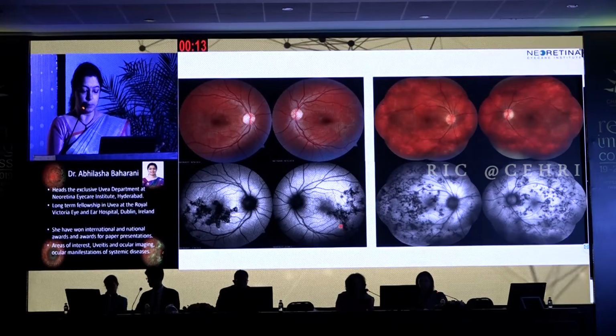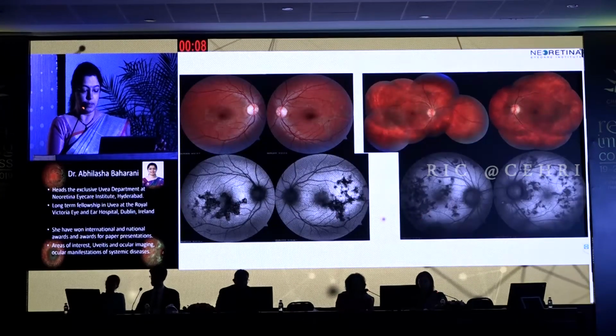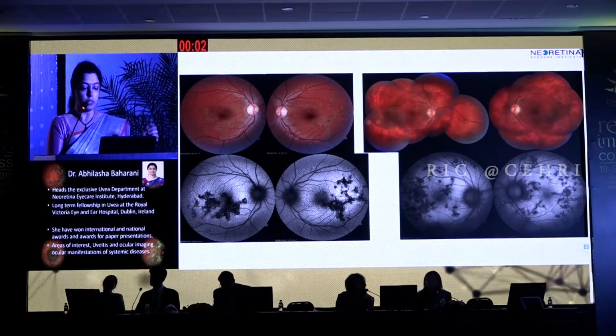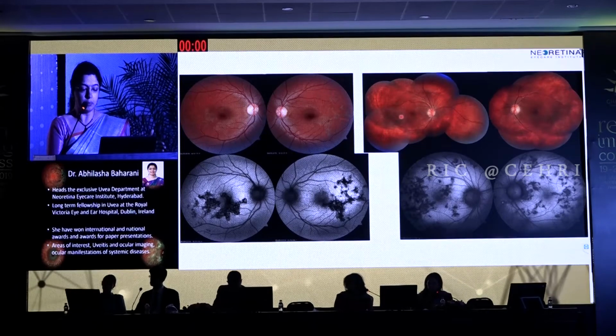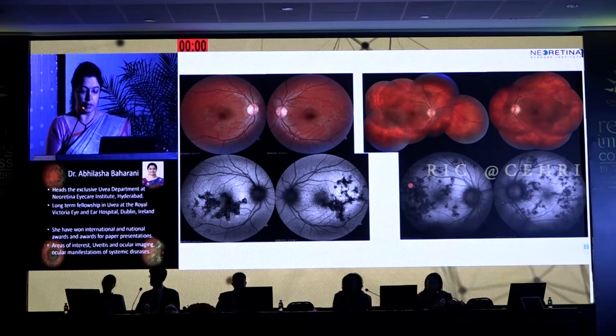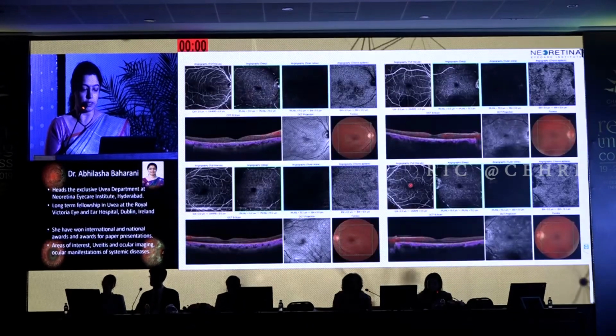This is stippled autofluorescence again, and now this is more of a hypoautofluorescence. Here also, because the treatment was given in time, the RPE loss is less marked, and you see more of an isofluorescence on autofluorescence pictures.